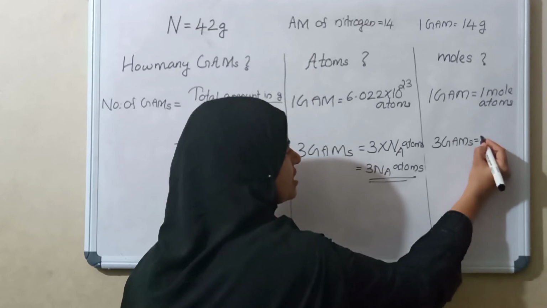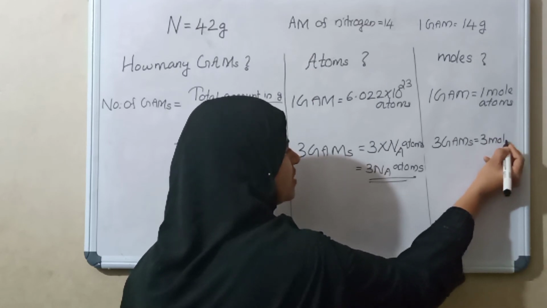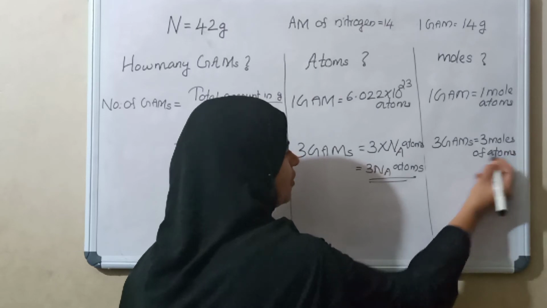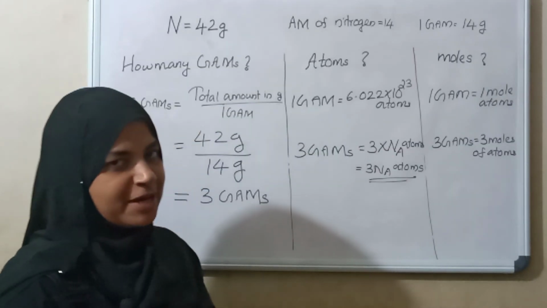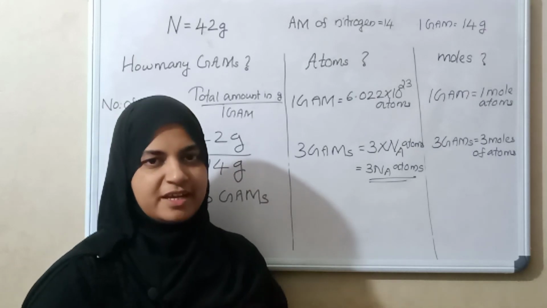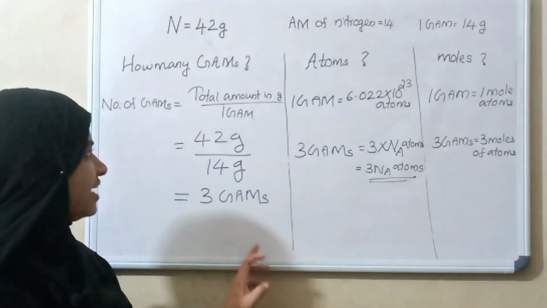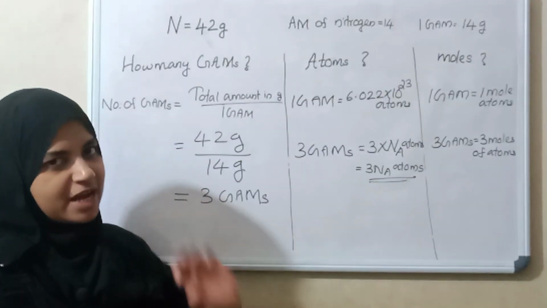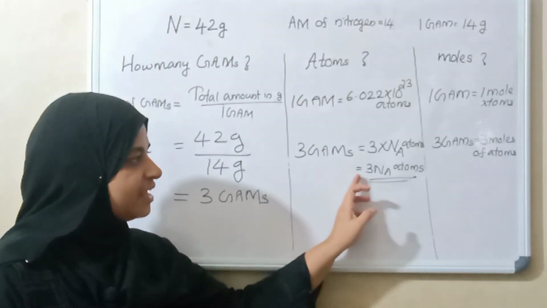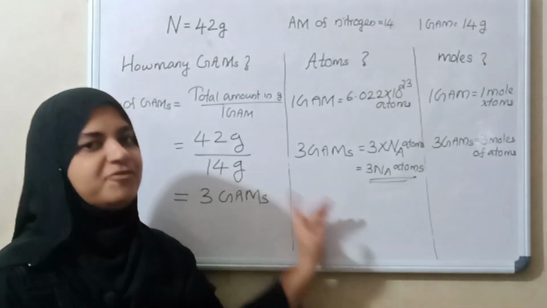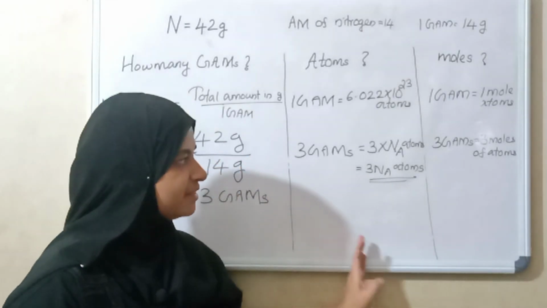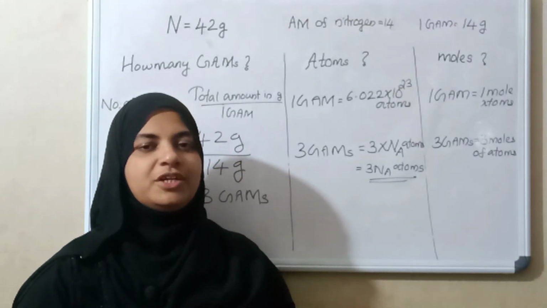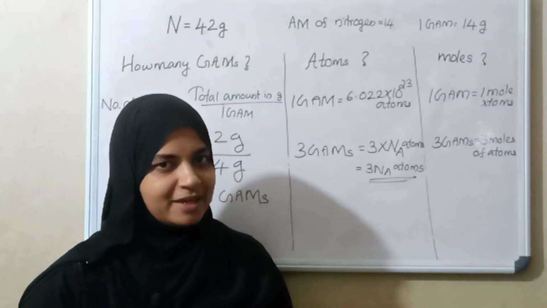Therefore, how many moles? 3 moles of atoms. Okay, so by solving this problem we find that 3 GAMs are present in 42 gram of nitrogen, 3 Na atoms are present in 42 grams of nitrogen, and 3 moles of atoms are present in 42 gram of nitrogen.